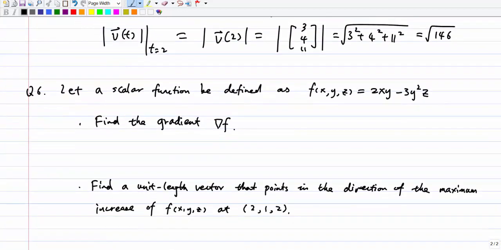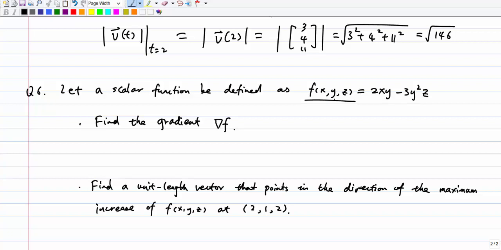Okay, question number 6 is about computing the gradient of a scalar field. You're given a scalar field f, which is 2xy minus 3y squared times z. Being a scalar field means that for different x, y, and z, I can define a scalar associated with the x, y, z. The first question is to find the gradient of f.